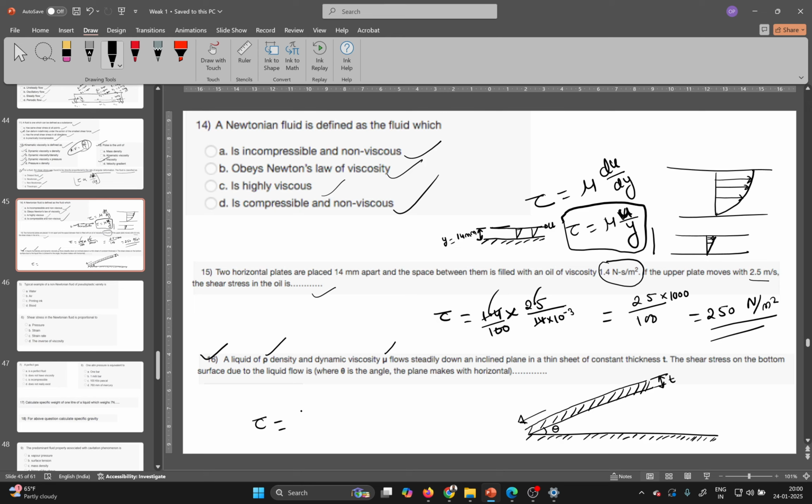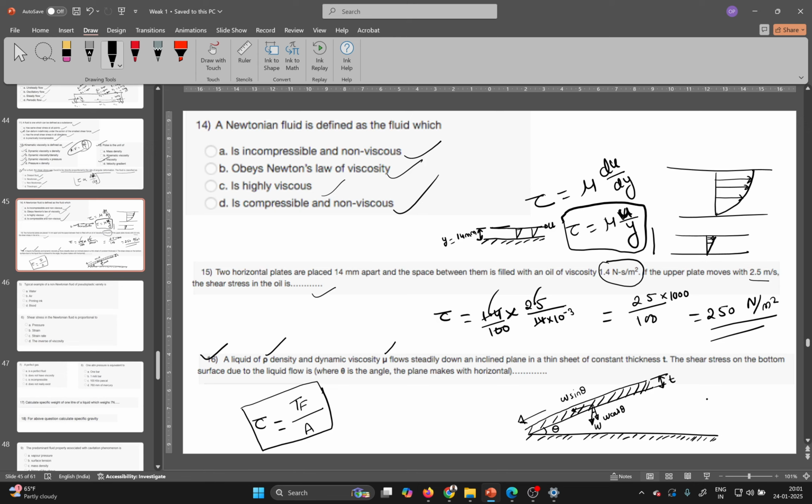So shear stress is what? The tangential force divided by area. Now, what is the tangential force? Let us suppose this is the weight of the liquid, this is W cos theta, if this is theta, and this is W sin theta.